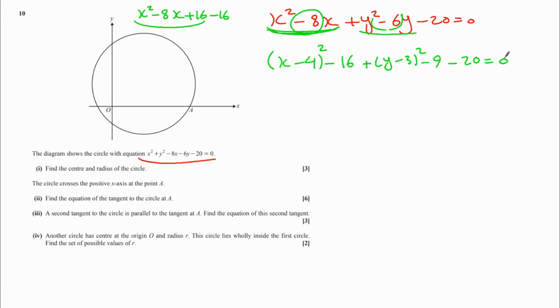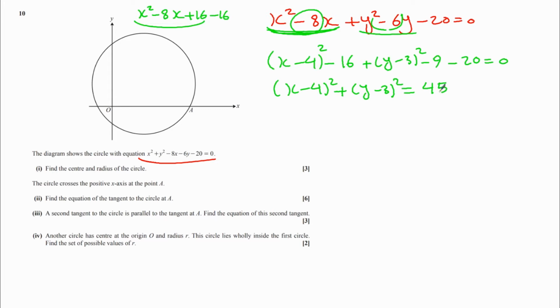I take every number that I have in here to the right hand side. So this would be x minus 4 to the power of 2 plus y minus 3 to the power of 2 equals 25, and 20 goes to the other side, which would be 45.